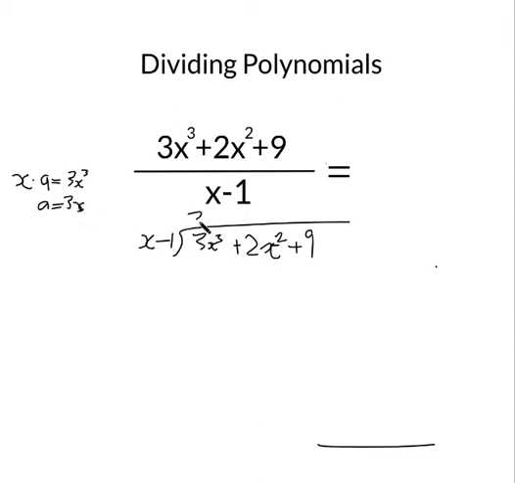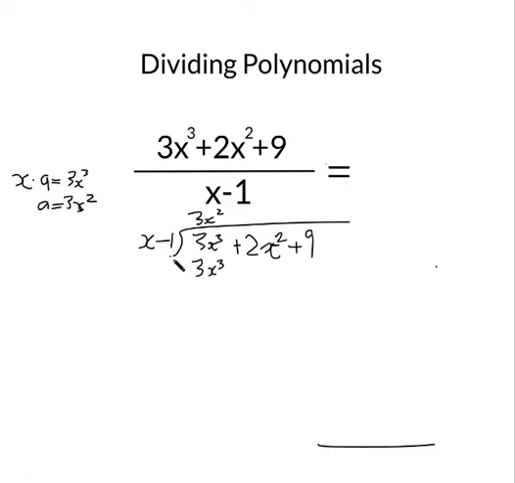So we put 3x squared on top. 3x cubed divided by x is 3x squared.